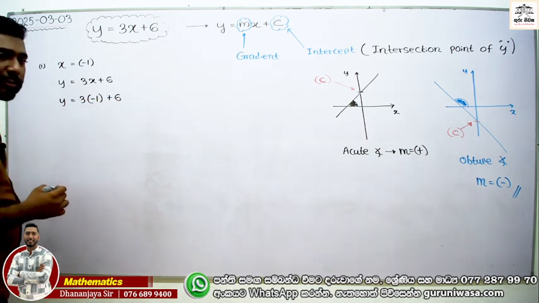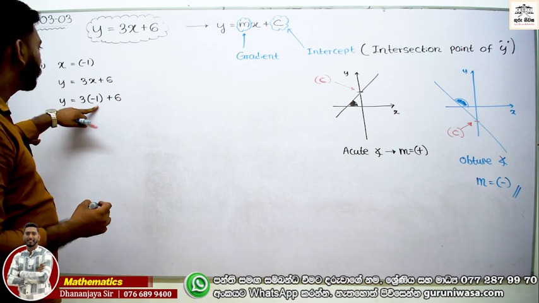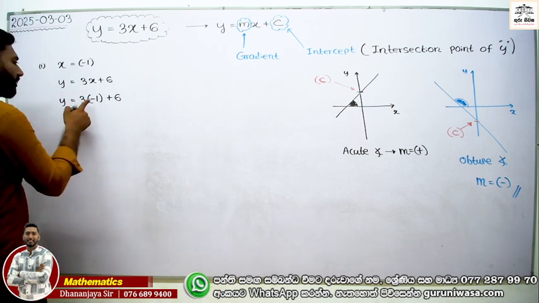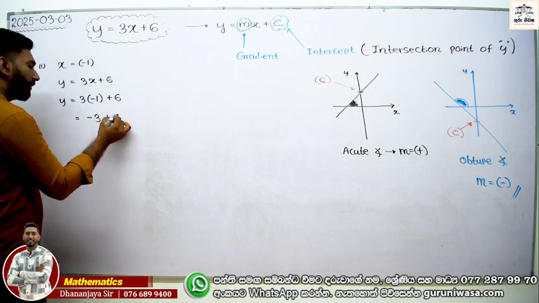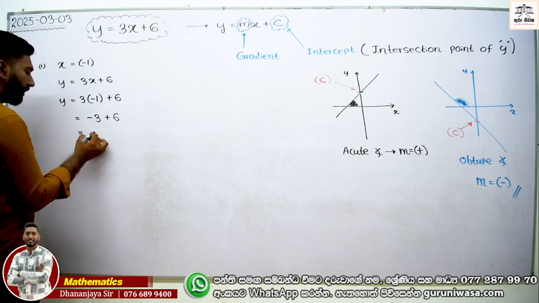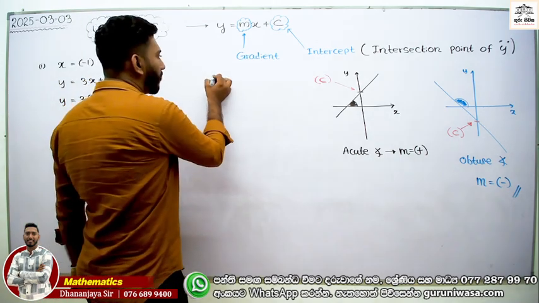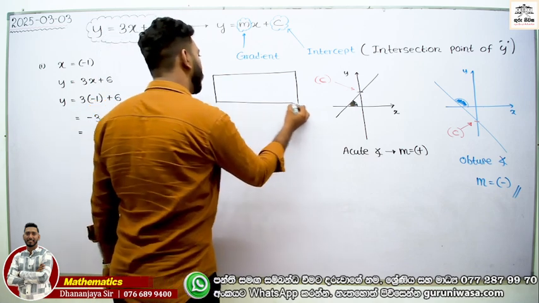How to write this step? I put minus 1 in place of x. We have to put minus 1 into x. Therefore, 3 times minus 1 becomes minus 3, plus 6. Then the answer is 3. Did you see? So in the table we got, look at this table.